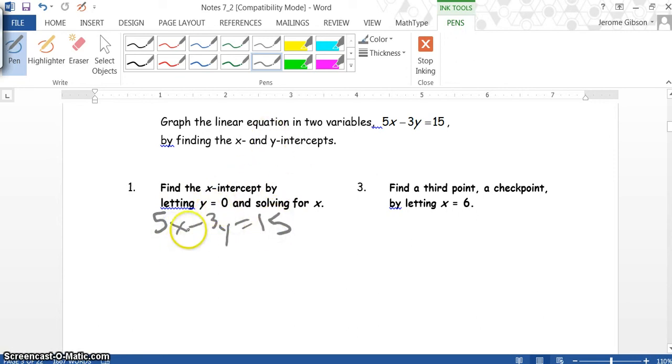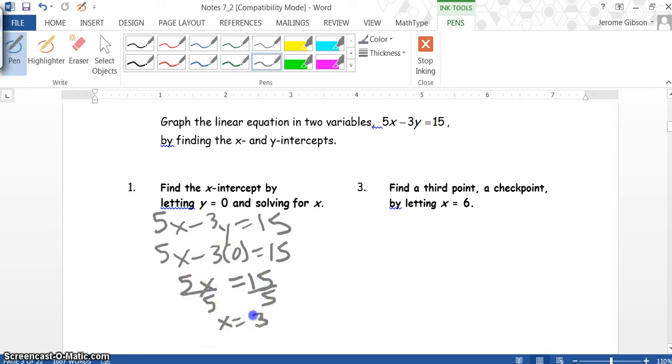Now we want to find the x-intercept, so y would be 0. So we'll substitute in 0 for y. So we will have 5x, and we know minus 3 times 0 is 0. So that still will leave us 5x equals 15. We'll divide each side by 5, and x is 3. So our ordered pair here would be 3, 0.